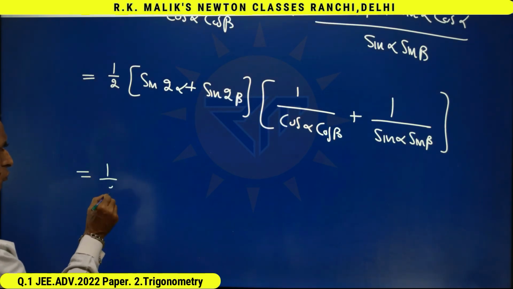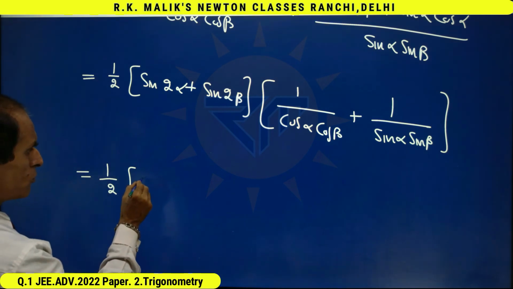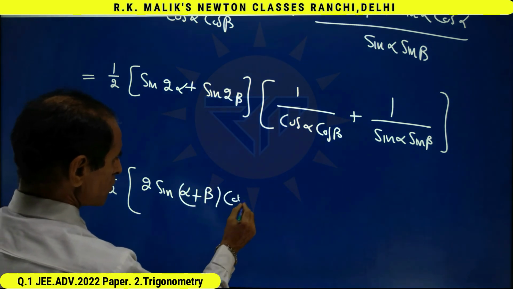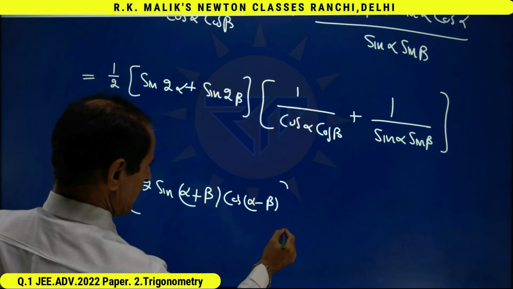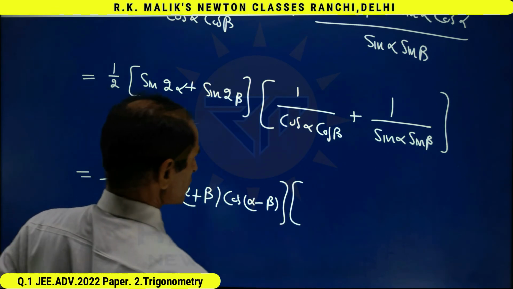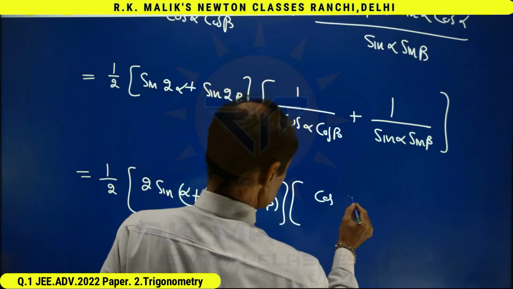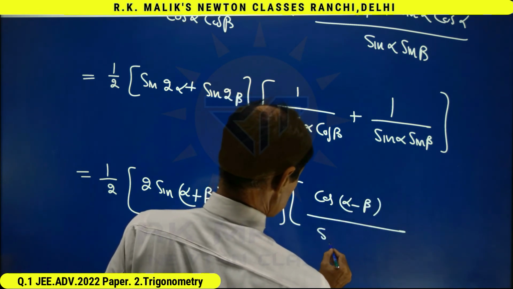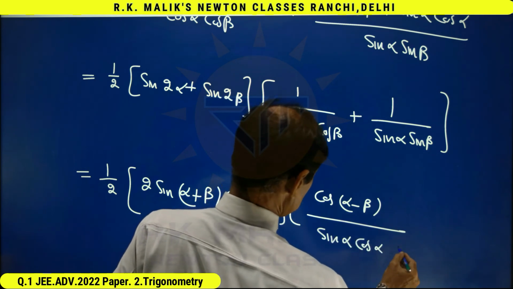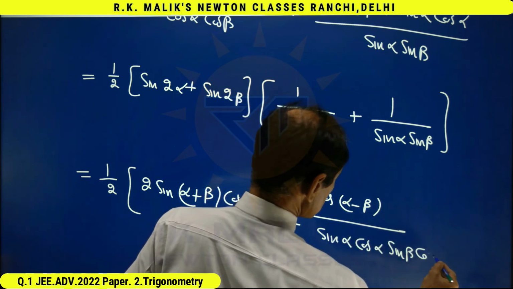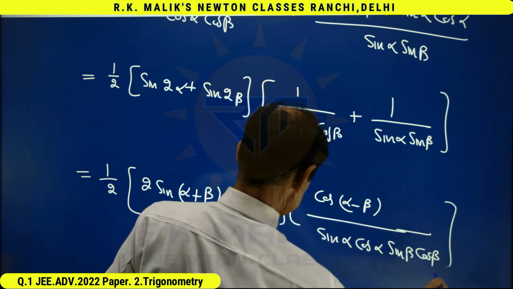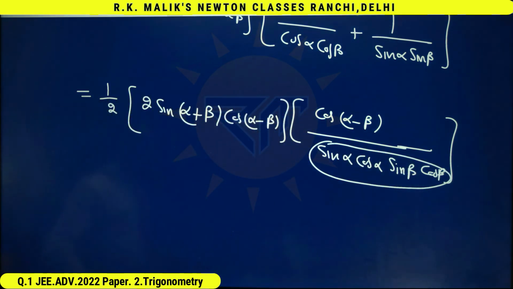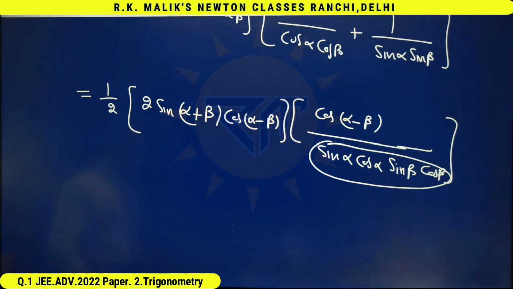This is equal to 1 by 2 sin(alpha plus beta) cos(alpha minus beta), and here you will be getting cos(alpha minus beta) upon sin alpha cos alpha sin beta cos beta.